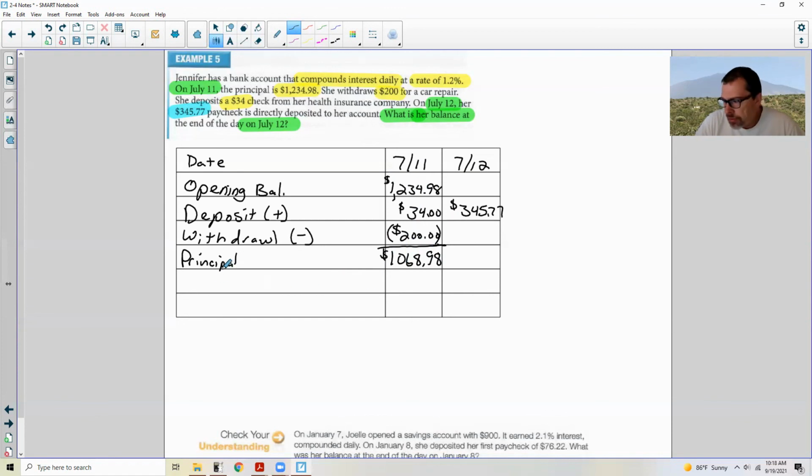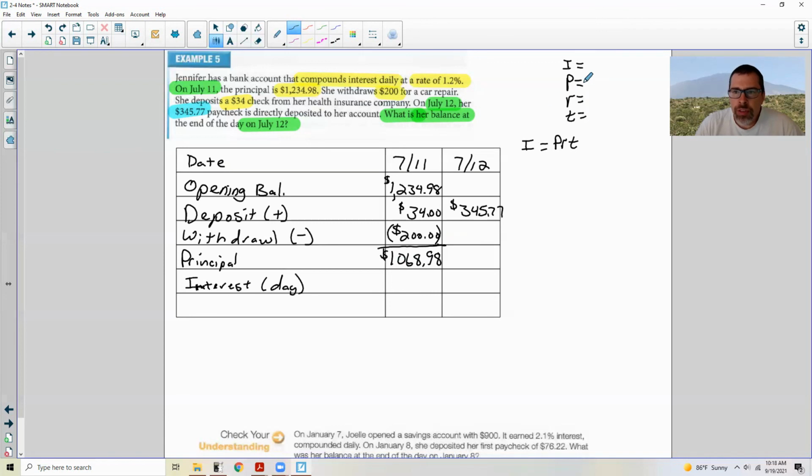Okay, so then let's see, how much interest? And remember, it's for a day. So interest equals PRT. And up here, I'll put I equals, P equals, R equals, T equals.